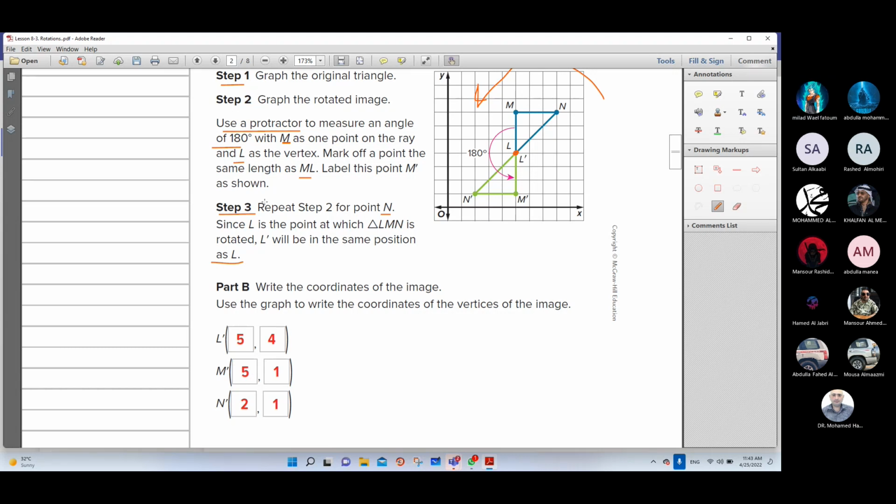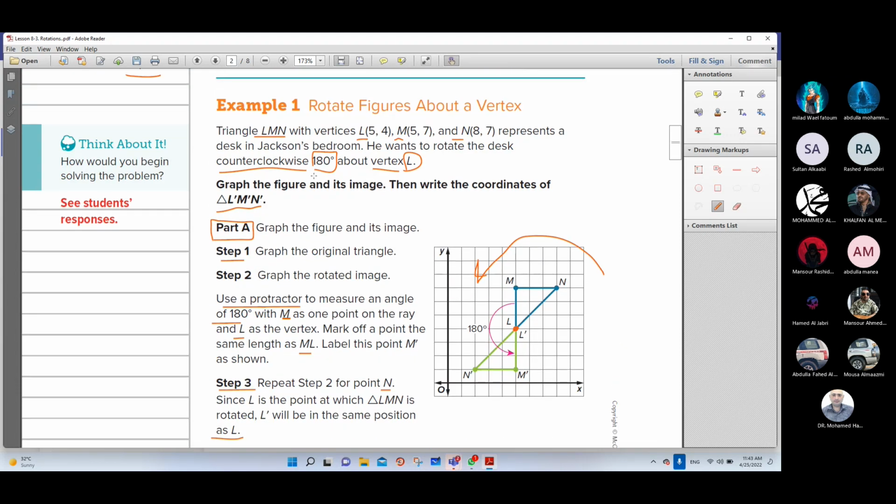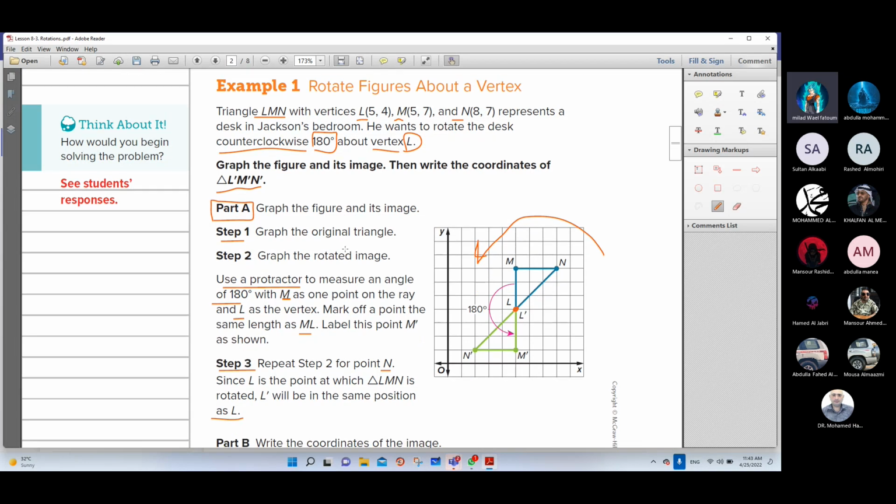Because the question said 180. The question determined for us the measure of the angle, so if the question says 180, we must use this angle. The question determined for us the angle, the center and the direction.